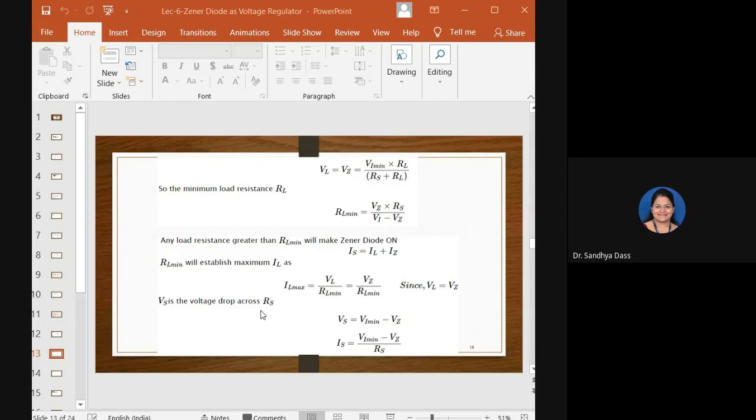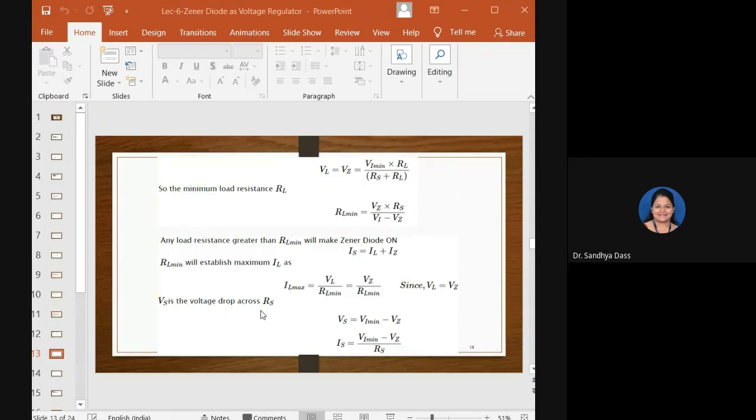So if the load resistance is varying and IL is maximum, in order to maintain constant output voltage, the current in the Zener diode will obviously reduce. All right. So IZ will be less there.